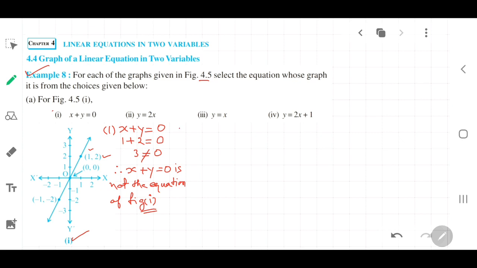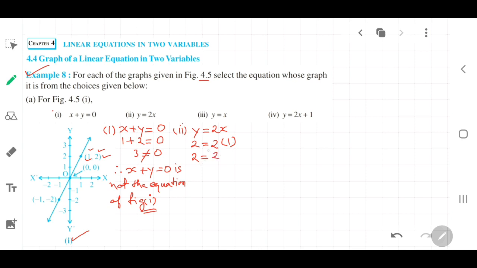So no need to solve the other one, because from the first only we understood that it is not equal. Now let us see the second one. Y equal twice x. Now if you see the first coordinate 1 and 2, the value of y is given as 2 here. So you can write here 2. Then twice into x. So what is the value of x given here? That is 1. So you write here 1. So you'll get 2 is equal to 2 into 1, how much? That is 2.